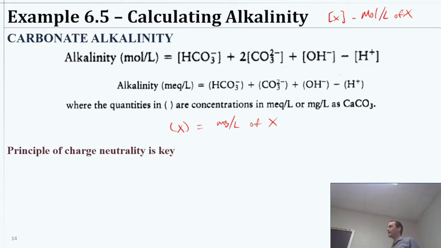But in the case here, what they're saying is, well, if we've got alkalinity in moles per liter, and we're describing that as essentially this charge neutrality equation, where we say that the total alkalinity is the bicarbonate plus 2 times the carbonate plus the OH minus the H plus.